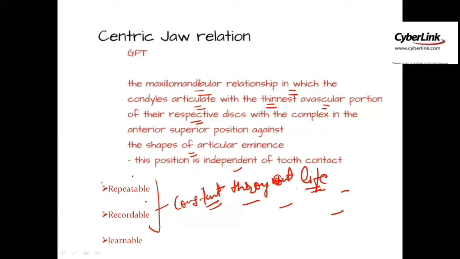It is a definite learned position from which the mandible can move to any eccentric position and return back involuntarily. Basically, it is a center from which all movements can be made.